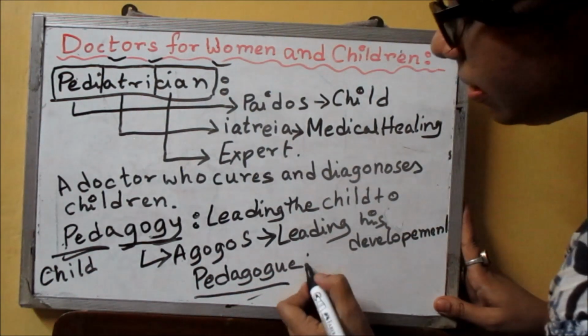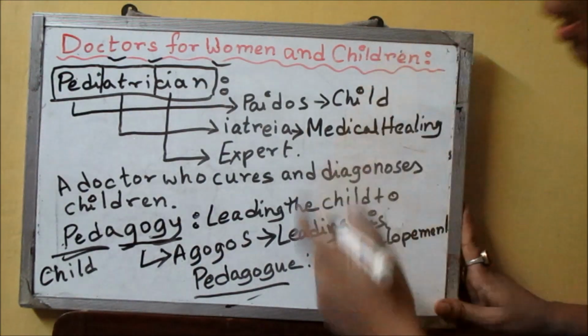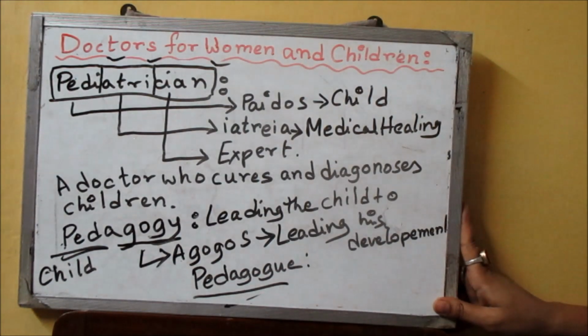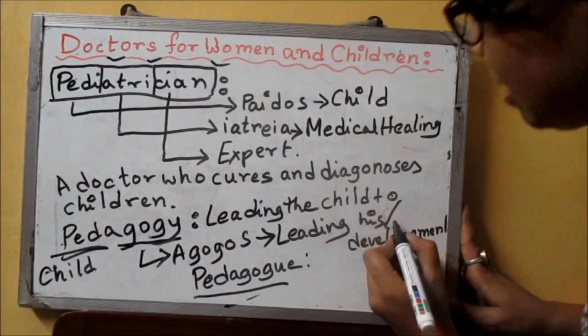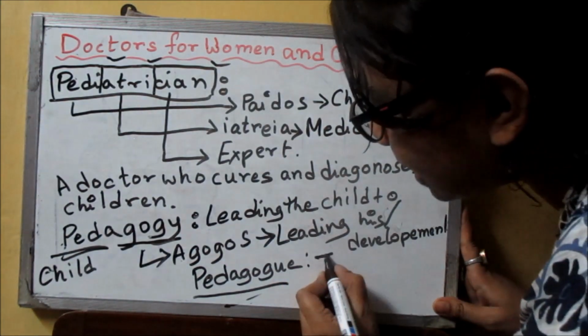Pedagogue here means the leader of a child. And who usually do we see as the leader of a child? The teacher. Yes. A person who is leading the child to his or her development is a pedagogue. So we can also call a pedagogue a teacher.